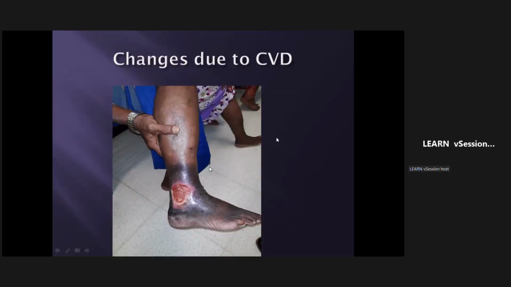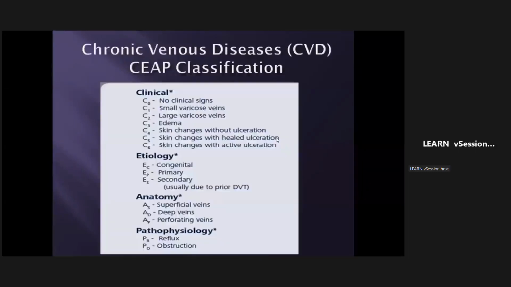So from today onwards, in addition to varicose vein, know that there are other chronic venous diseases. Okay, right. So there are classifications for chronic venous diseases. One classification, the famous one, is the CEAP classification. That is clinical, etiological, anatomy, and pathophysiology.